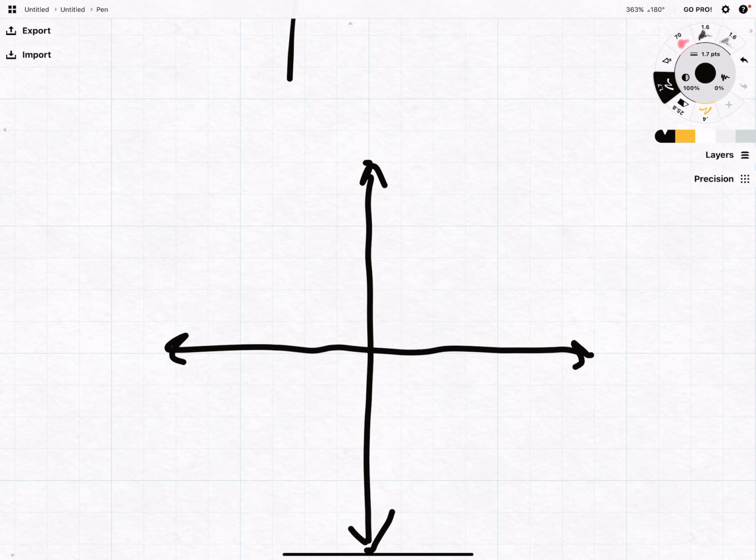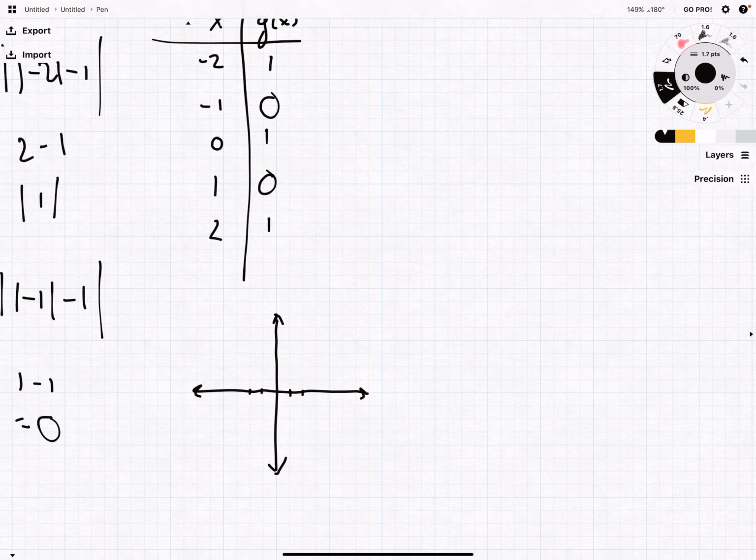And let's go ahead and get our -2, -1, 0, 1, and 2. So at -2, we had positive 1. At -1, we had 0. At 0, we had 1, and then at 1 was 0, and at 2 is 1.